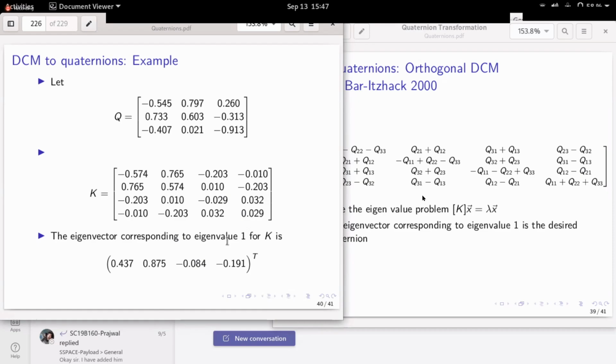If you look up how to compute the largest eigenvalue, or the eigenvector corresponding to the largest eigenvalue, you will get some idea. So you have to imagine it like this: assume that you have an arbitrary matrix. An arbitrary matrix will have so many eigenvalues and so many eigenvectors.